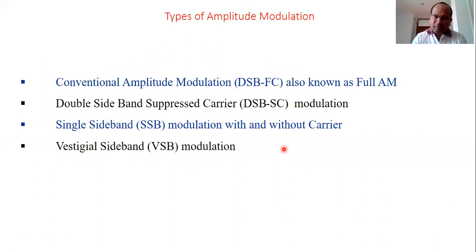Third, lower side band. Conventionally, the amplitude modulated signal is by default called full AM also, and that is actually DSB-FC. FC here stands for full carrier. Double sideband full carrier means both the sidebands are transmitted along with the carrier as well.